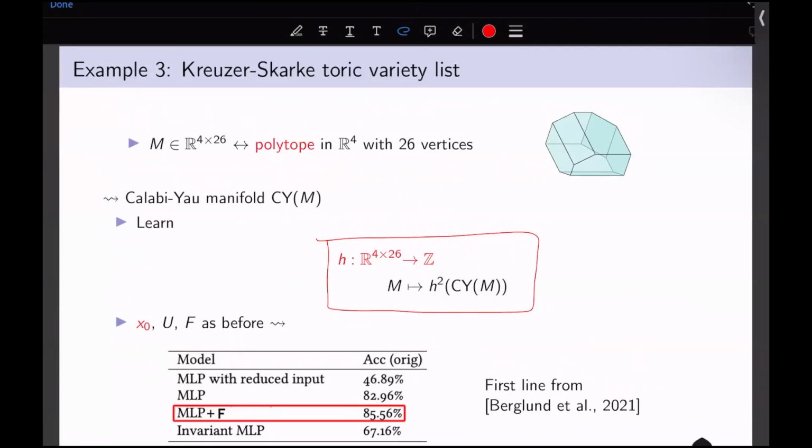And so we can compare the following models. We have MLP with reduced input. This is a thing from the literature, but I should be honest, they solve a harder problem than us. So they were at a bit of a disadvantage. But anyway, for this particular problem, they're not doing so well.